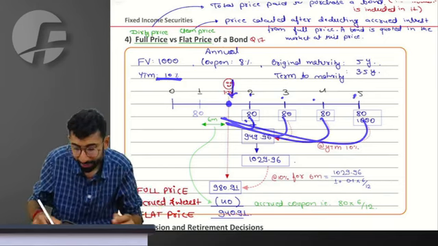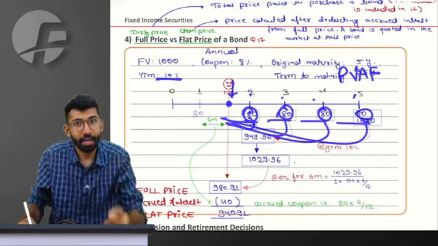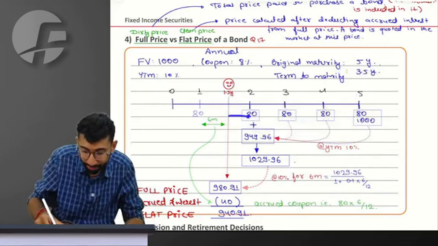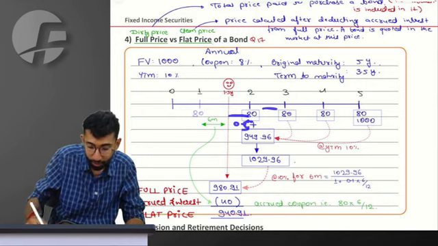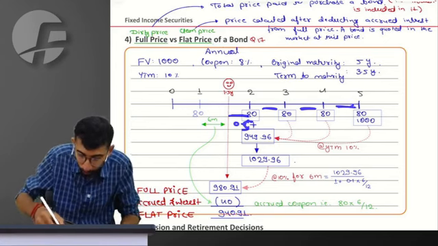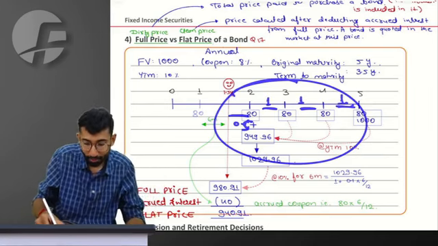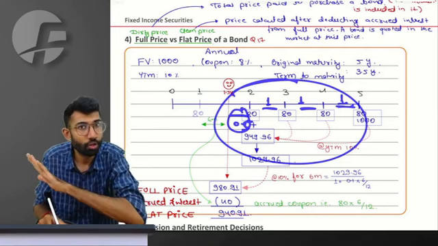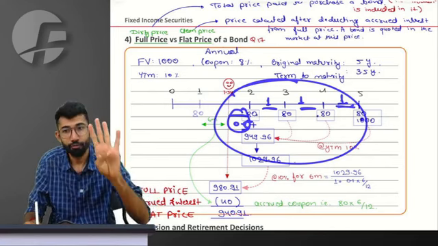To be able to do the discounting, first of all, you must realize that it should be an annuity. Annuity means the same amount after the same time interval, and you realize this first time interval is 0.5 year, which is 6 months, whereas the rest of the time intervals are 1 year, the same. So this is not an annuity, because this is 1 year, 1 year, 1 year, but this one is 0.5 year, 6 months, which is why I cannot simply discount by multiplying 80 rupees with the present value annuity factor of 4 years.